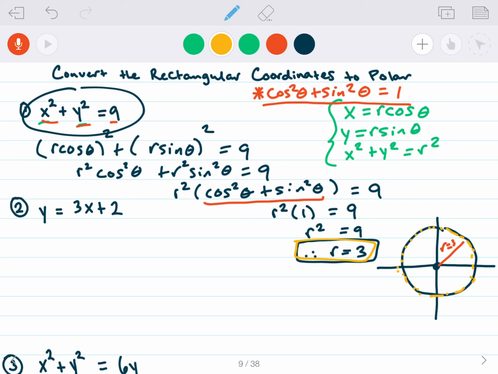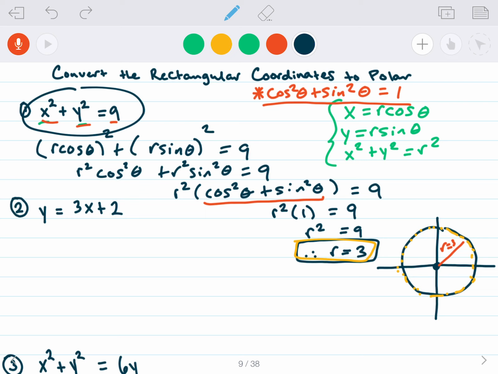So we have y equals 3x plus 2. Now, we all know, hopefully, that this is a line with slope 3 that goes through a y-intercept of 2. That was from algebra. Now, what is this in polar coordinates?